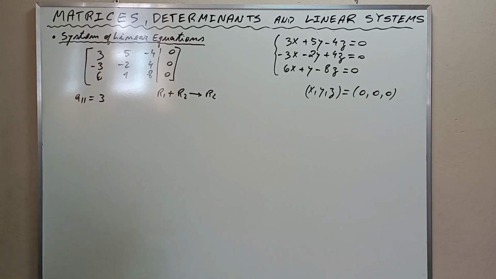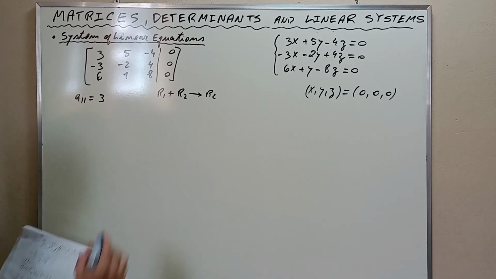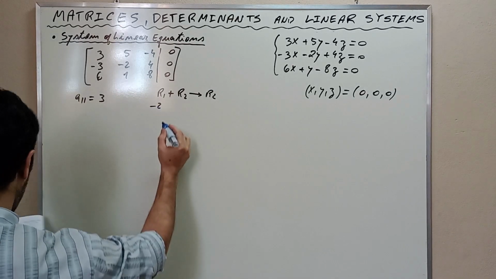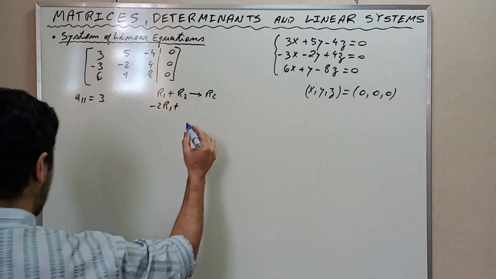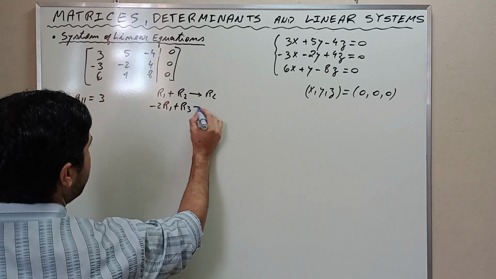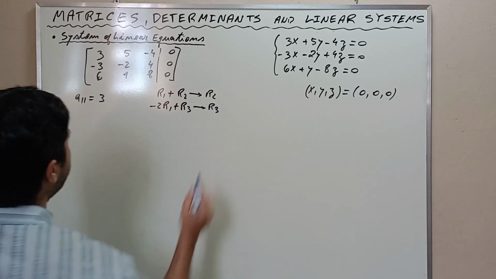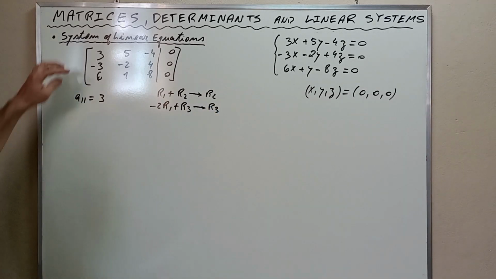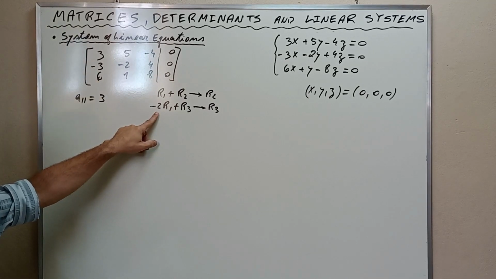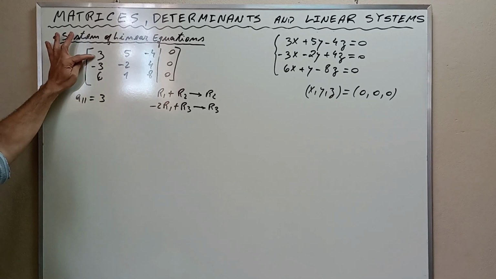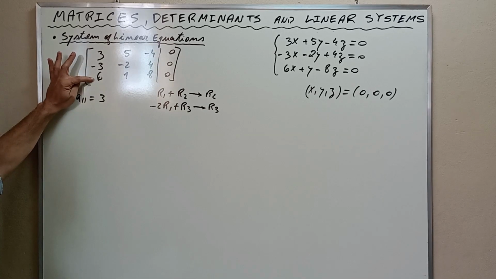Alright, secondly, we do the following. Negative 2 times R1 plus R3 and substitute in R3. Okay? A11 is positive 3. If we multiply it by negative 2, it becomes negative 6. If we sum with the 6, we get a 0.